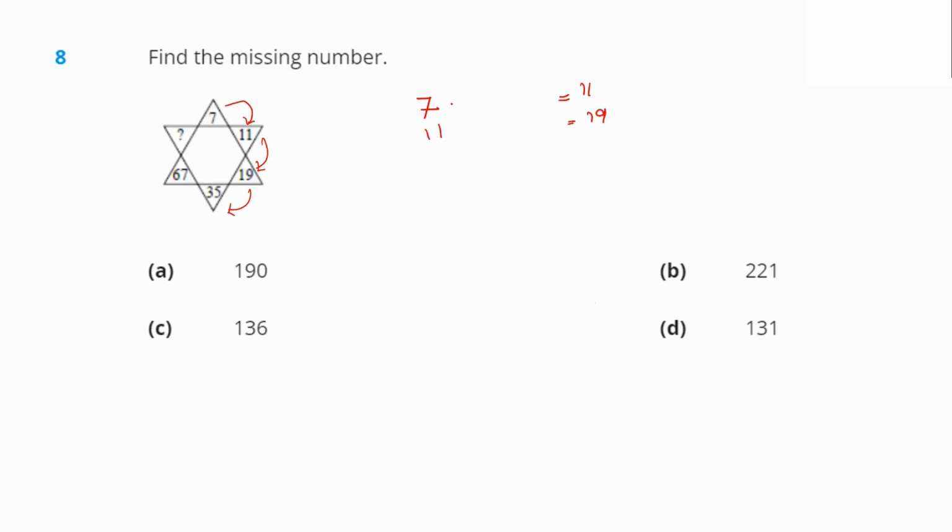If we multiply it by 2, we get 14 and minus 3 we get 11. If we multiply it by 2, we get 22, minus 3 we get 19. So the pattern follows multiply by 2 minus 3. Similarly, if we do 67 multiply by 2 minus 3, we get 131. So our correct answer is option D.